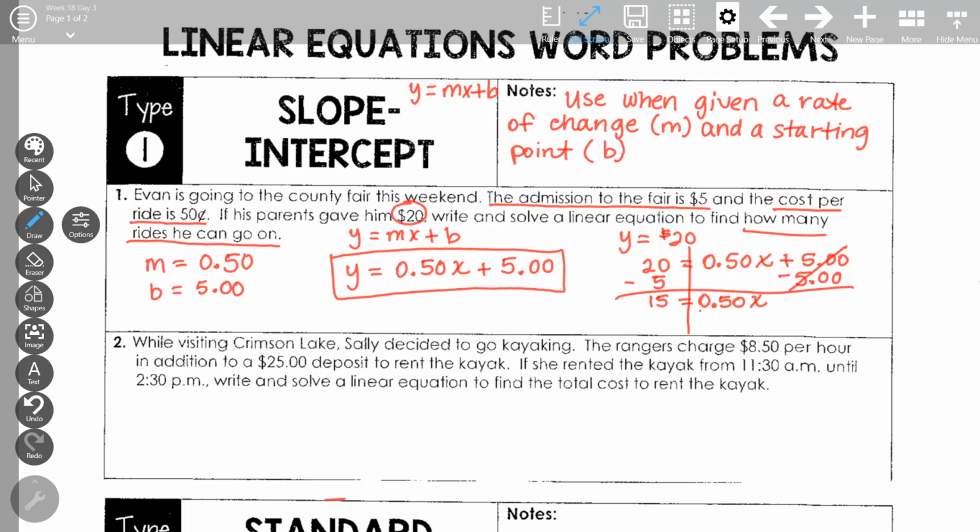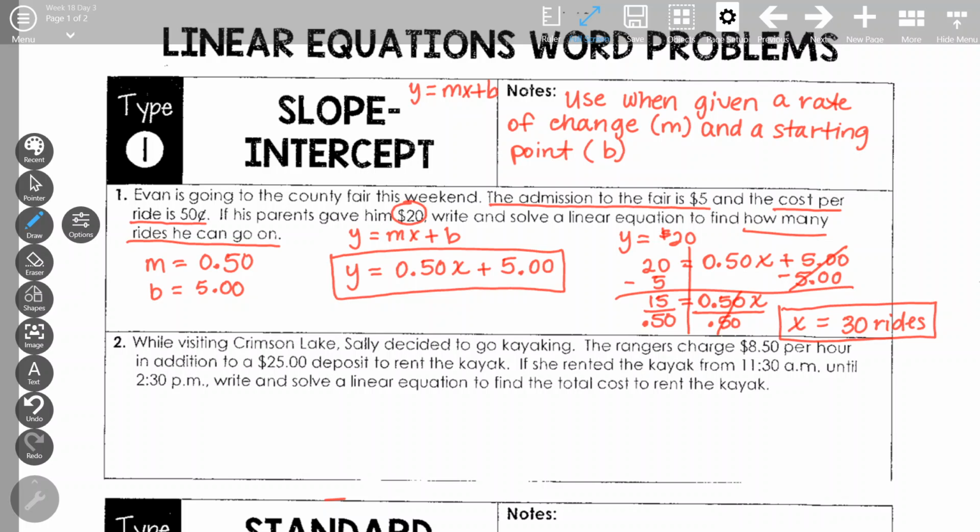We've got to divide by 0.50. Now you can use a calculator. Remember, from here on out, you can use a calculator every time. So those two cancel, and x equals 15 divided by 0.5, which is 30. So he can go on 30 rides at the fair after he pays his admission fee.